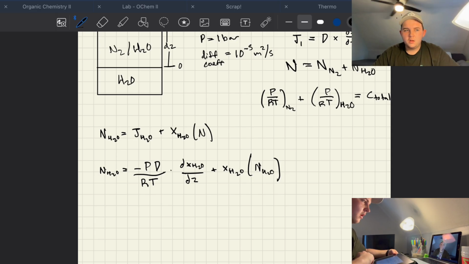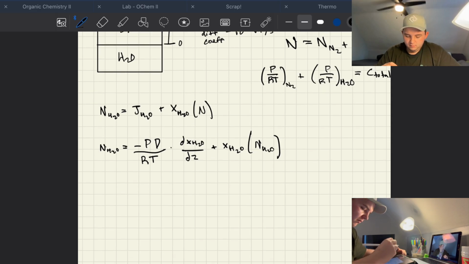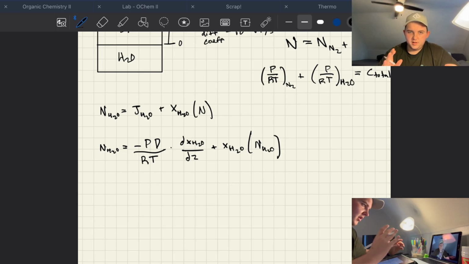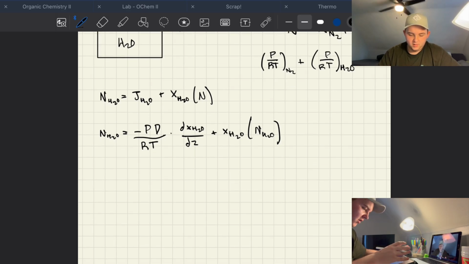So we just got to start simplifying, and we'll integrate. We're going to rewrite it now to make it easier to integrate later, so we're going to get everything on respective sides.